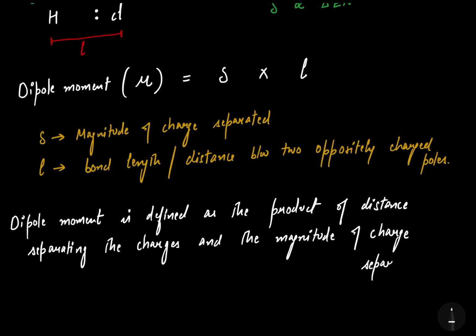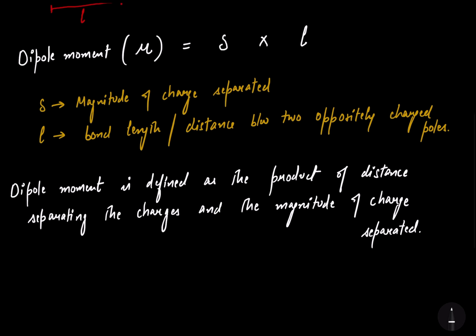So that's the exact definition of dipole moment. So dipole moment can be defined as the product of distance separating the two charges and the magnitude of charge separated. So what next? Let me rewrite this formula. Dipole moment will be equal to the magnitude of the charge separated into bond length.